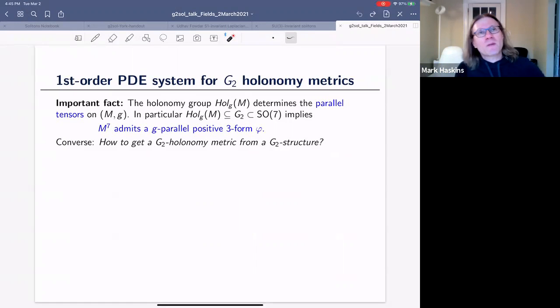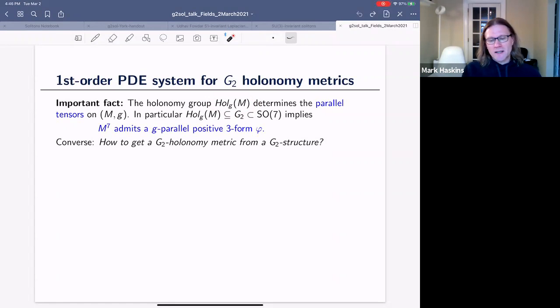At the beginning it's not obvious that holonomy leads to PDEs at all, in the sense that holonomy is an integro-differential condition. But the way to think about it is partly via the three form rather than working with the metric directly. When I think about the holonomy group of a Riemannian manifold, the main thing that the holonomy does is determine exactly what the parallel tensors are on my Riemannian manifold.